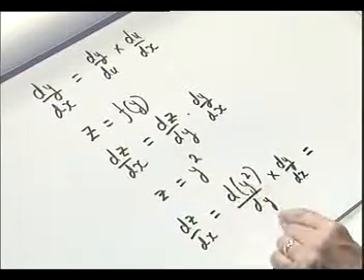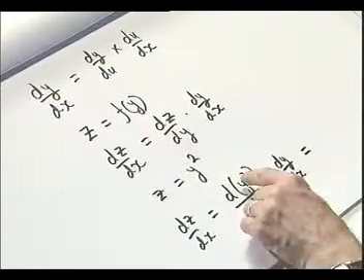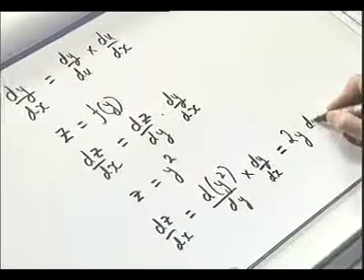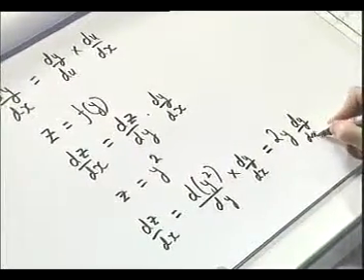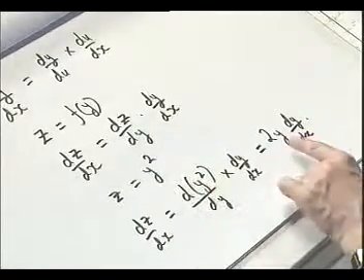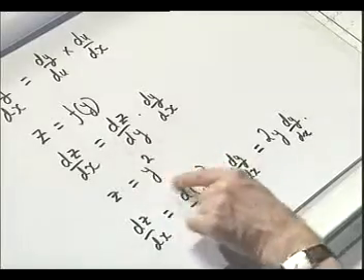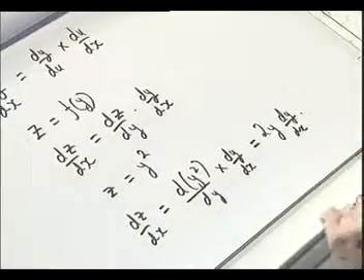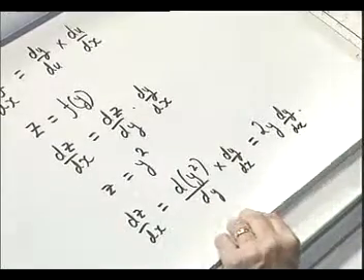And the derivative of y squared with respect to y is equal to 2y, times dy by dx. Notice what we seem to have done is just differentiated y squared with respect to y and multiplied by dy by dx. And I'll draw attention to that again later on.